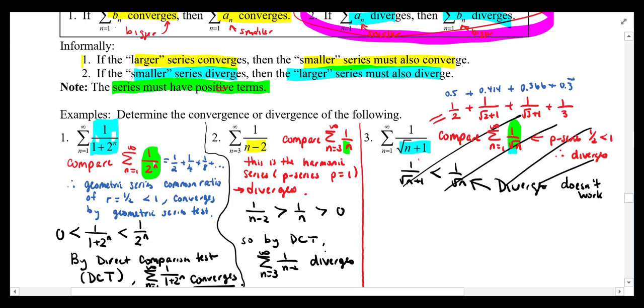What can this be compared to? Perhaps if I were to compare it with the sum of n equals 1 to infinity of maybe 1 over n? Would that be okay? What will that be?